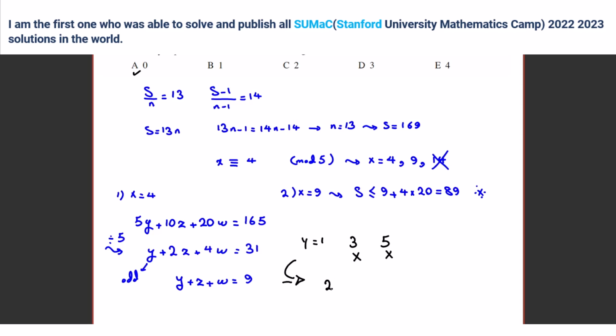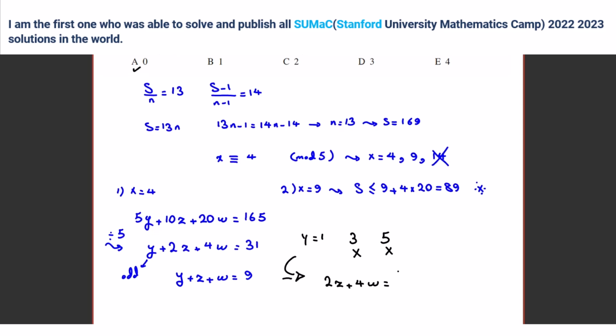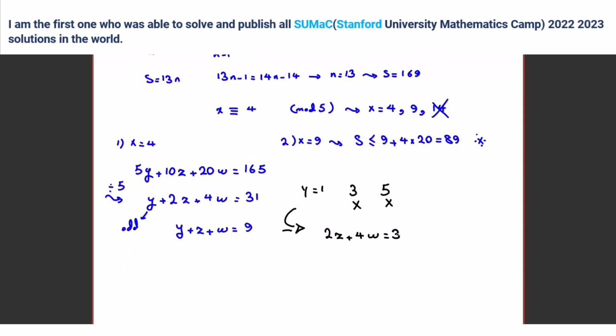Then we can conclude 2z plus 4w is what? 30. And z plus w is what? 8. From here, z plus 2w is what? 15.